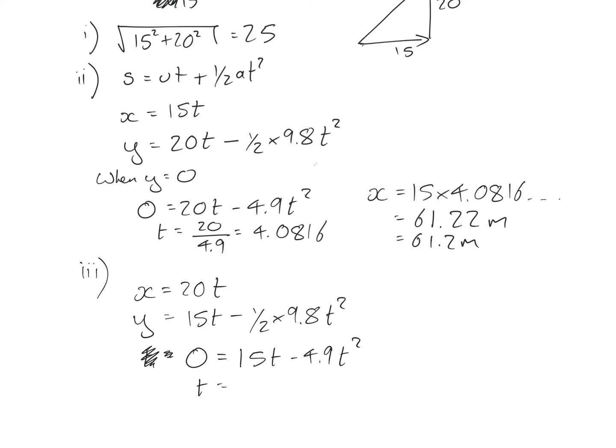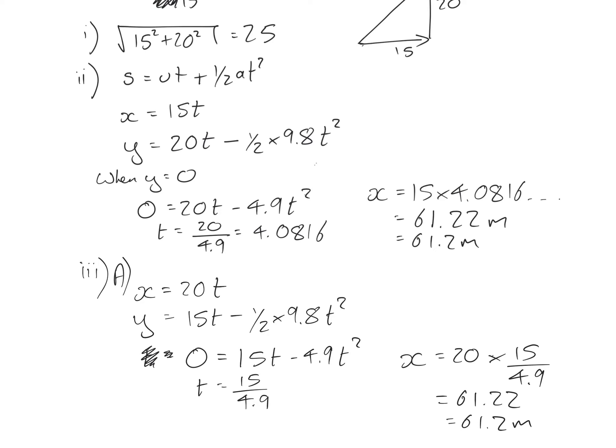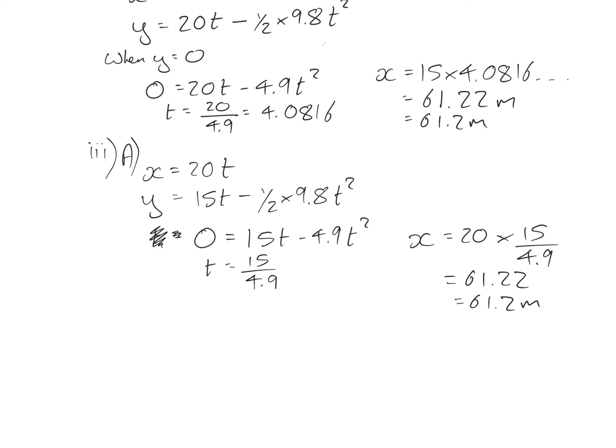T is different this time, 15 over 4.9. So x equals 20 times 15 over 4.9, which is exactly the same, 61.2 meters. Interesting. So that's part A. So we've sent it off at a different speed, but we've got the same answer.